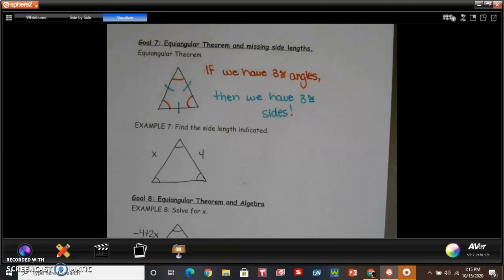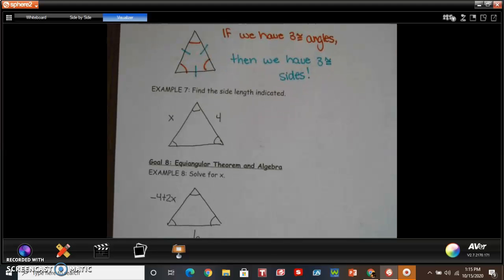All right, just like the last one, but backwards. Here we go. Example 7, find the indicated length.